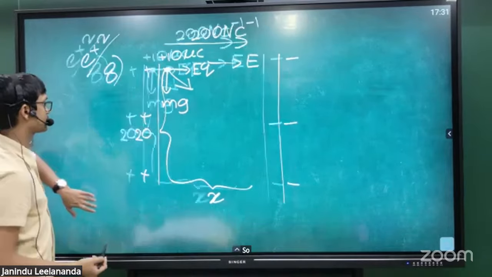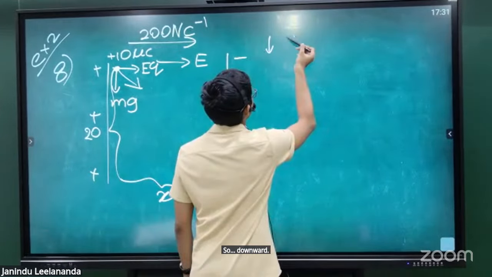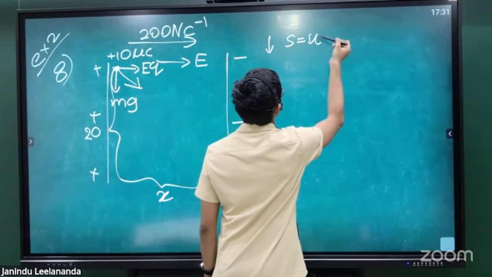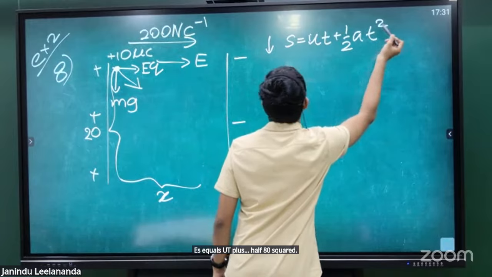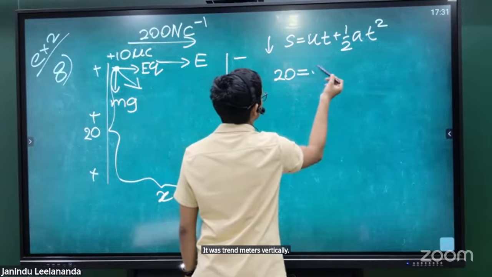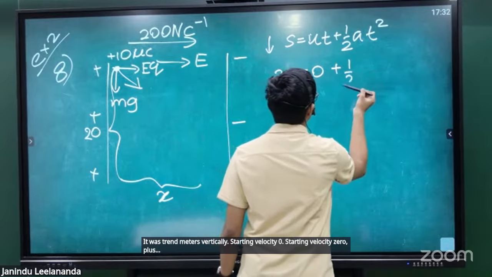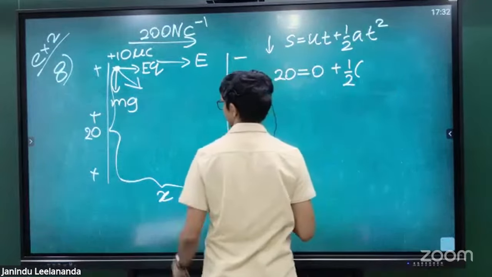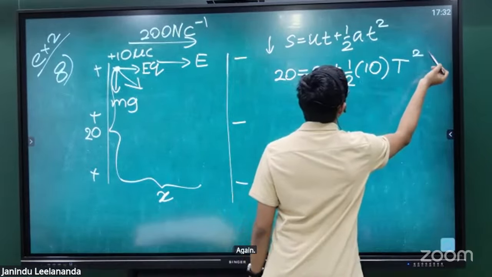So, downward, s equals ut plus half at squared. It falls 20 meters vertically. Starting velocity 0, plus half, acceleration 10, gravitational acceleration 10, again T squared.